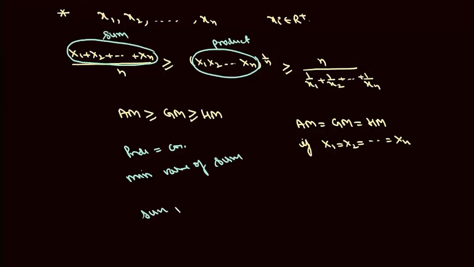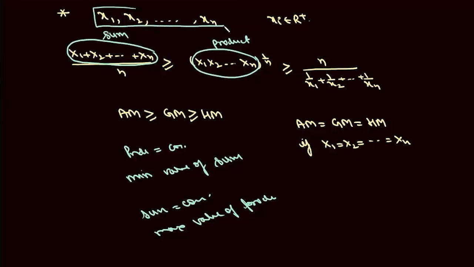And if sum is constant, they'll ask you the maximum value of product. But you should keep this in mind: we can only use AM, GM, HM when the numbers are positive. So it is not valid for negative numbers.